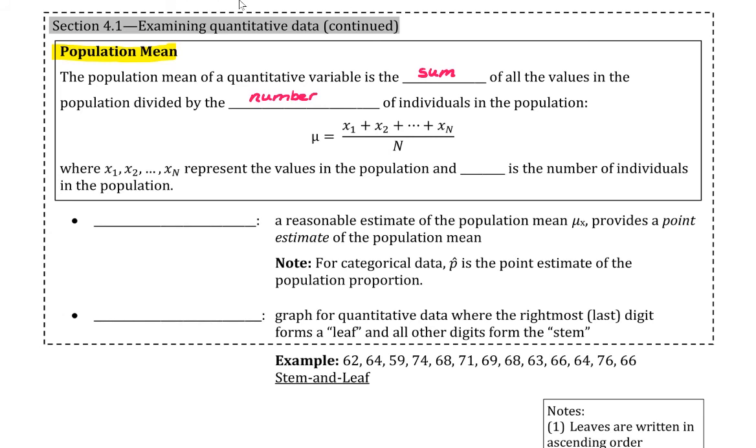Here we use the Greek letter mu to represent our population mean. And it's again calculated by the sum of each of your values divided by the number of values that you added up, where capital N is the number of individuals in your population.